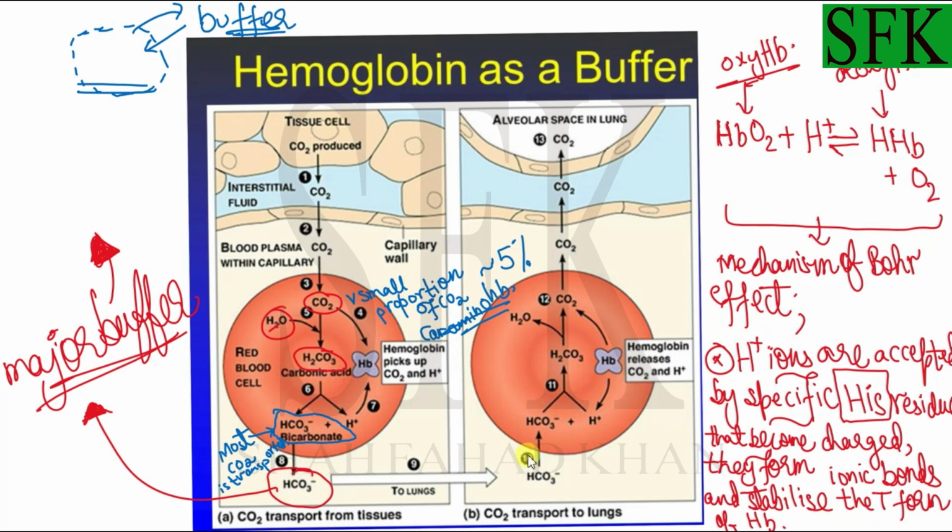In the lungs, there is a gradient for the diffusion of carbon dioxide out of the red blood cells. Since the carbon dioxide inside the red blood cells is decreasing, the bicarbonate ions start diffusing into the red blood cells, and there the hemoglobin releases its H+ ions. These H+ ions combine with the bicarbonate, forming carbonic acid again, and the entire cycle reverses.